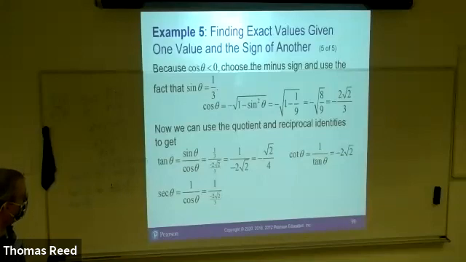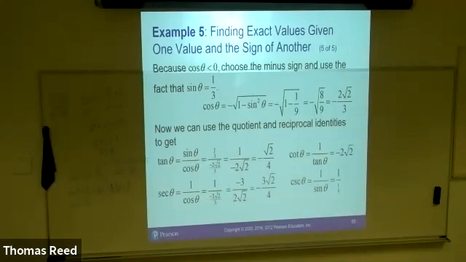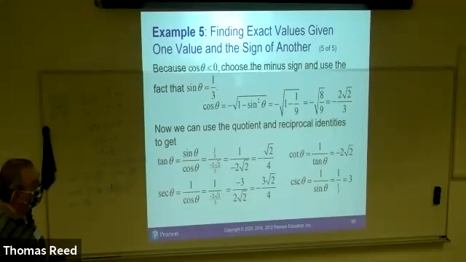And then secant is just a reciprocal of cosine, and cosecant is a reciprocal of sine. And there we have the remaining 5. Personally, this is the method I would use, because in my head, it's straightforward that way.